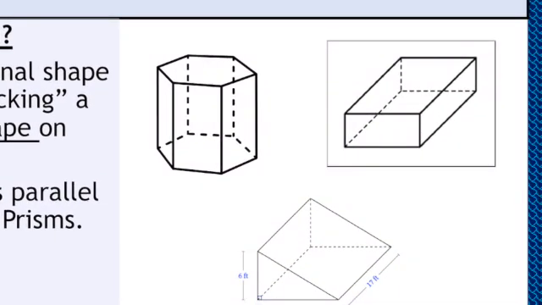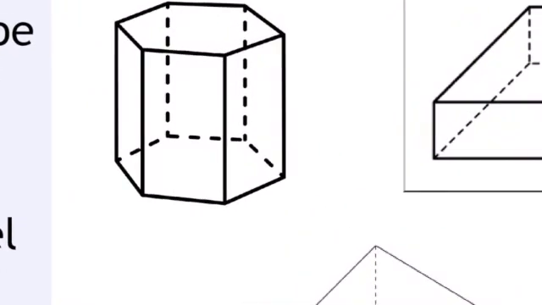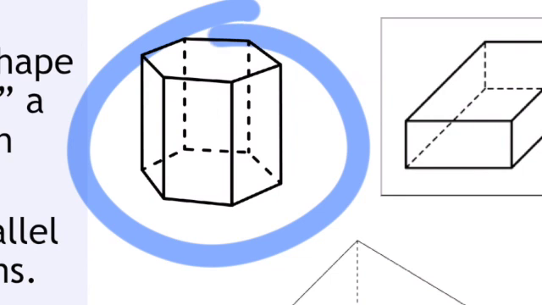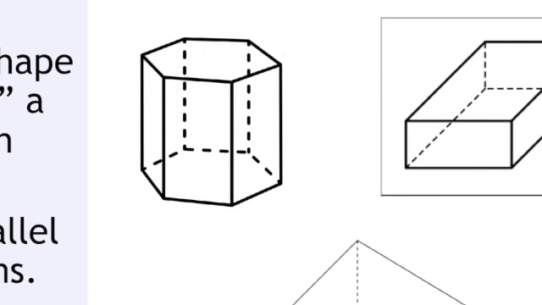So let's identify the base shape here. I'm looking at this shape right here, and I want to identify the base shape of that guy. We'll find where they have the same shape, parallel and facing each other.